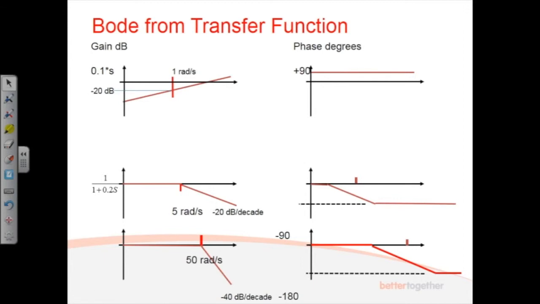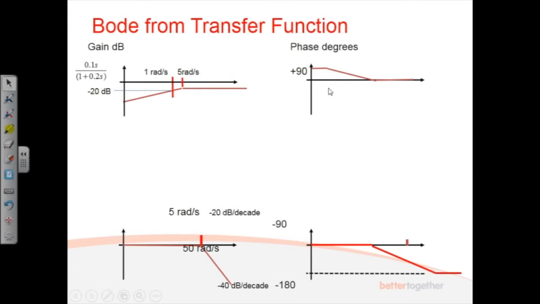So what do you think happens when I add a plus 20 decibel per decade slope to a minus 20 decibel per decade slope? It cancels out, doesn't it? And we also add in this phase change, and we get that.